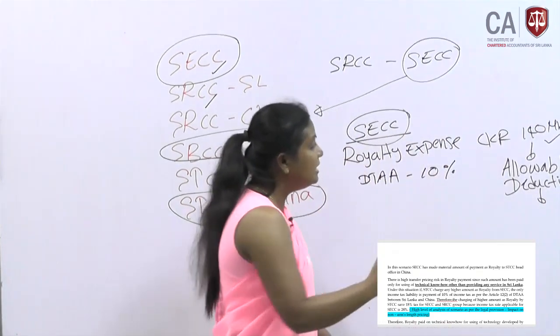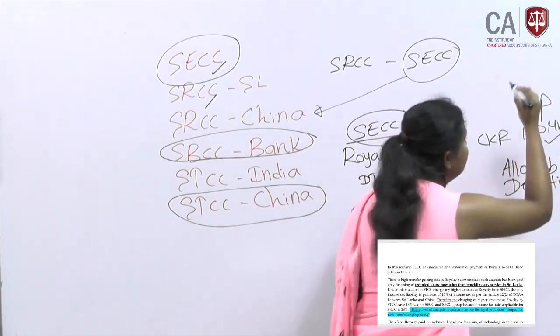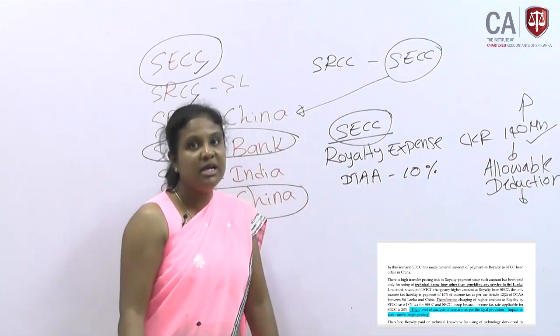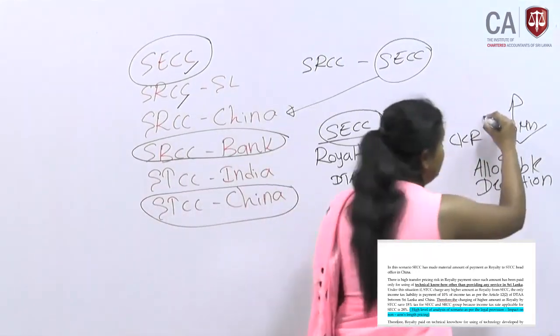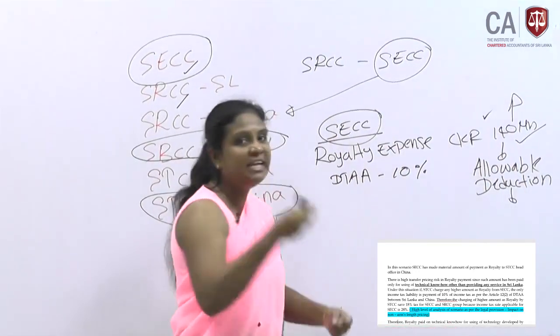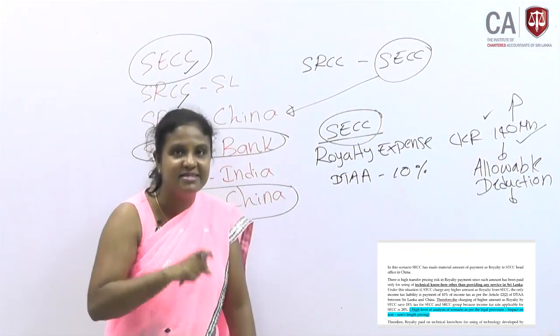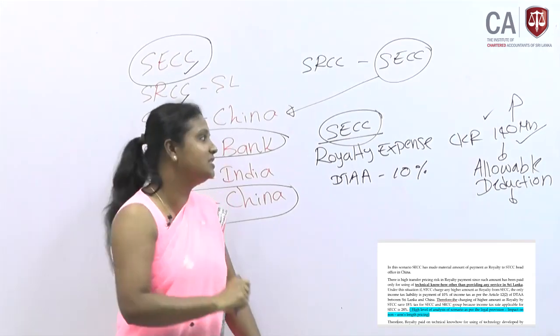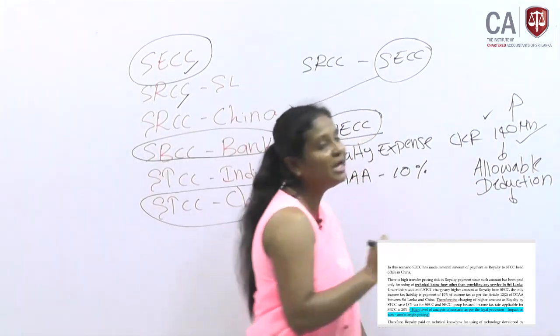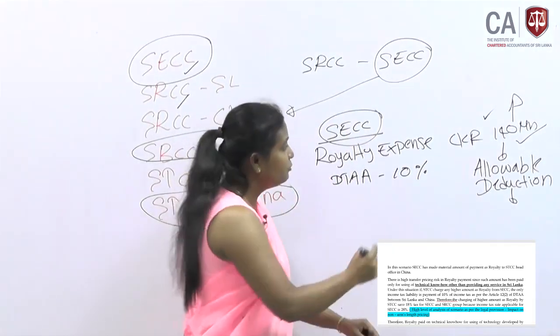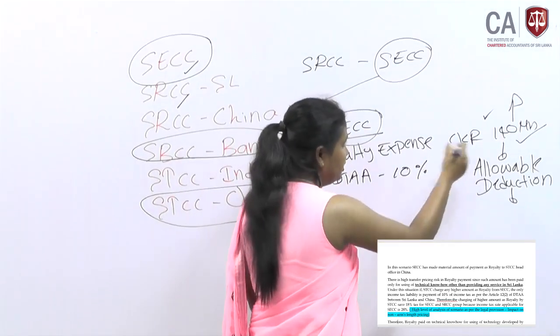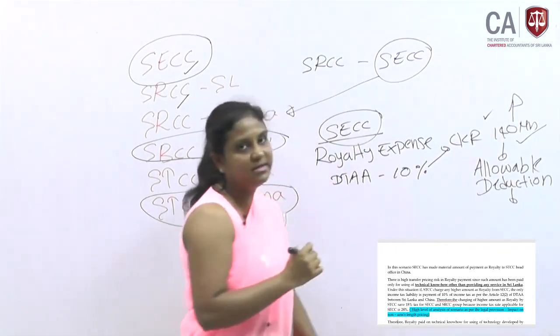Since this is allowable deduction, SRCC group can further increase this 140 million, and it can be claimed as what? It can be claimed as the expense which is a deductible expense for the business income calculation. Now, for this arrangement, for this royalty they are paying 10%.